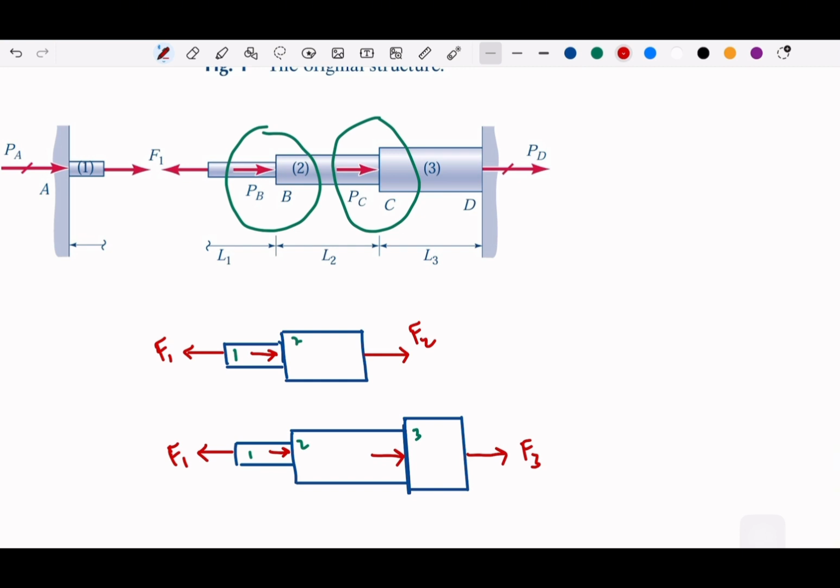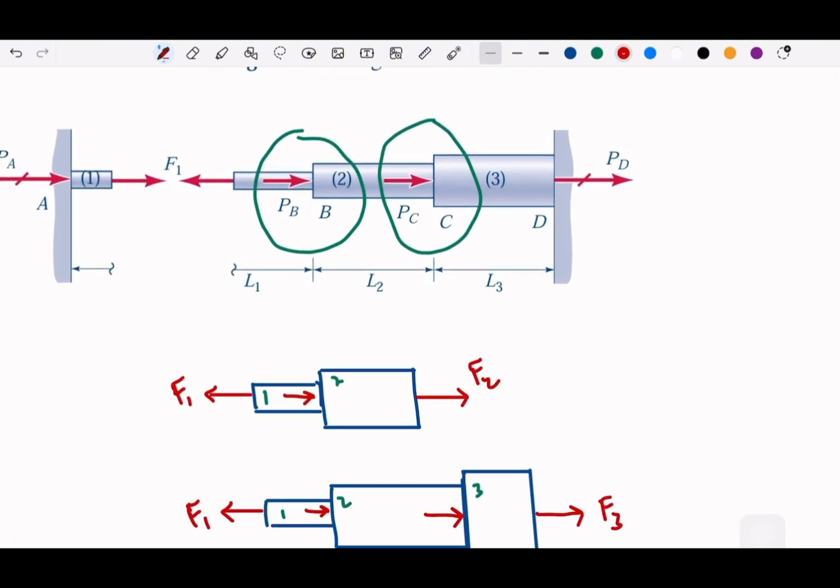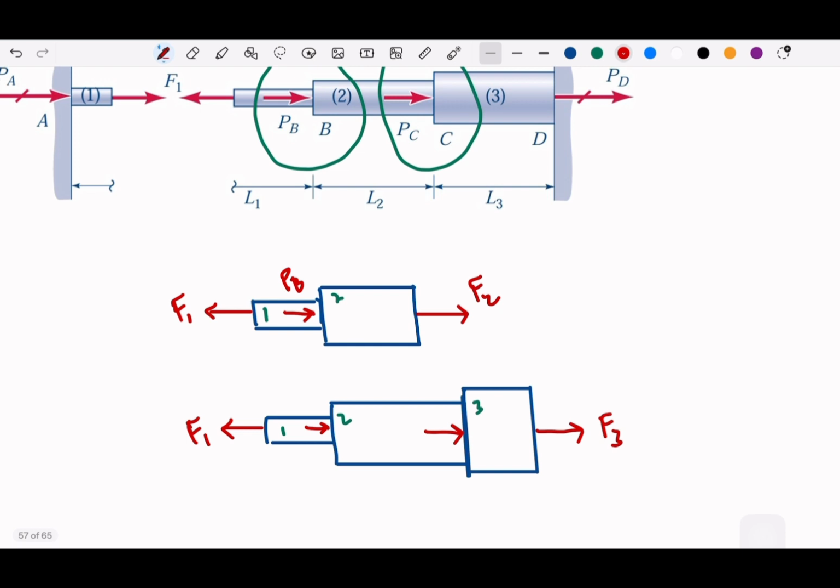By this cutting, what we want is this PB in between 1 and 2, and PC in between 2 and 3. We would like to know PB and PC.